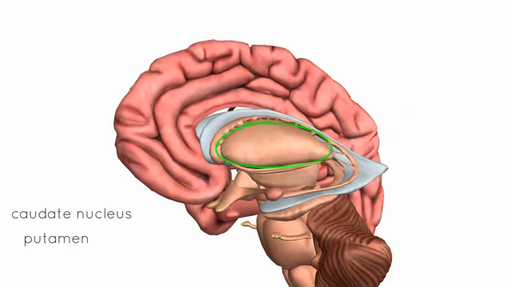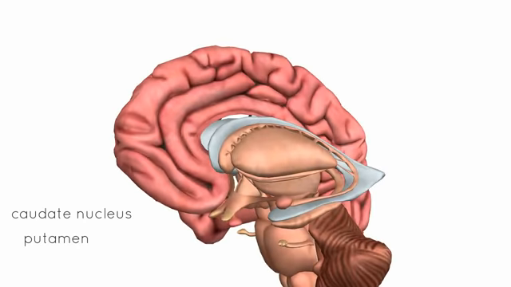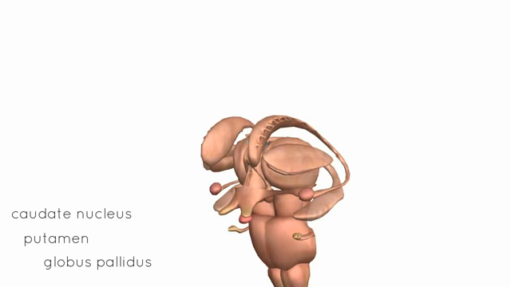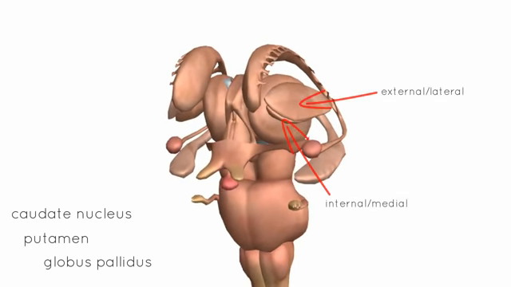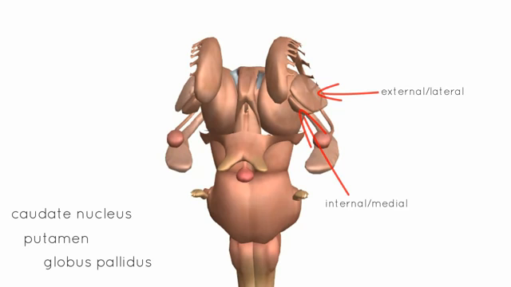So this is the putamen, and just sitting medially to the putamen you've got the globus pallidus. So I've just faded away the various structures, so you can see the globus pallidus, which has an internal and external, or lateral and medial part. So the globus pallidus is these two structures, the lateral and the medial globus pallidus. So these structures sit medial to the putamen.